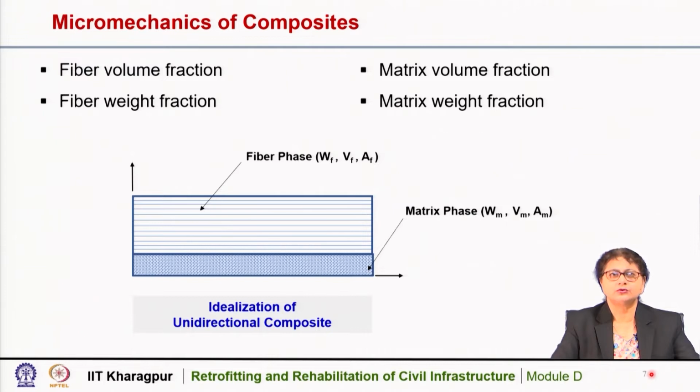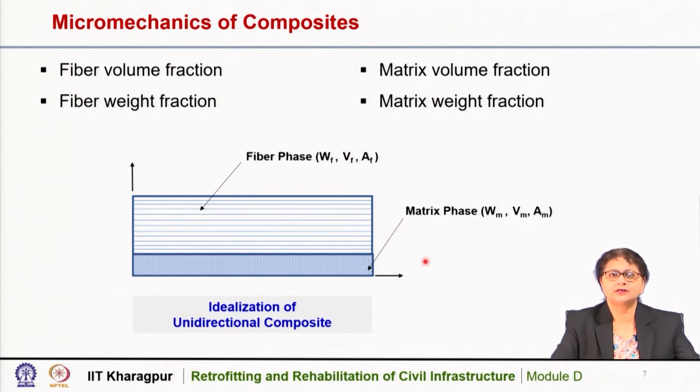Now, we need to determine the fiber volume fraction, the fiber weight fraction, the matrix volume fraction and the matrix weight fraction. So, this is an idealization of a unidirectional composite. We can see here this is the composite where there are two phases, one is the fiber phase and the other is the matrix phase.